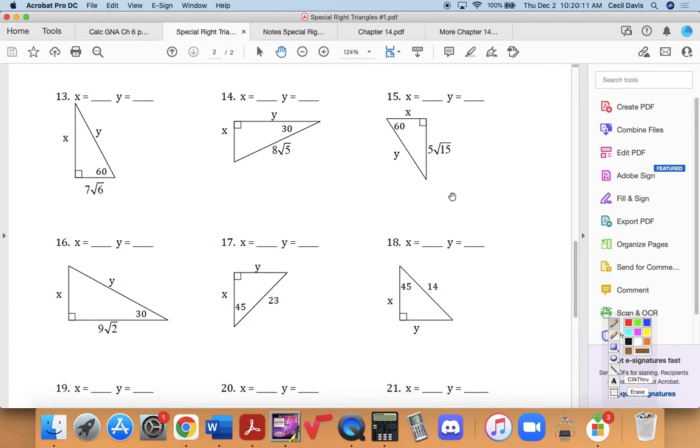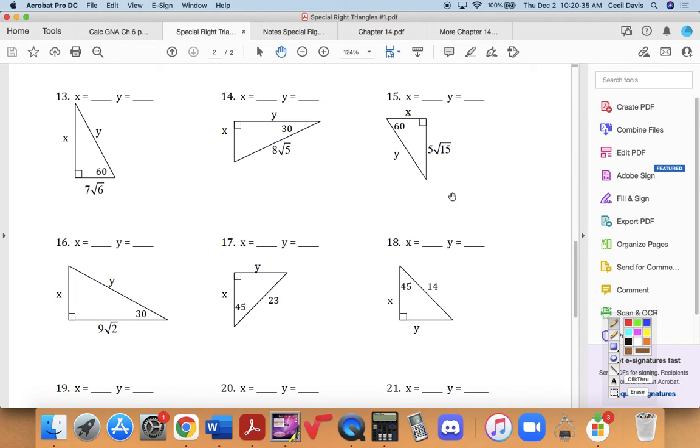Number 20, x is 8 square roots of 6 and y is 8 square roots of 3. Number 21, x is 11 square roots of 2 and y is 22. 22, x is 8 square roots of 3 and y is 4 square roots of 6. Number 23, they're both 6 square roots of 14.